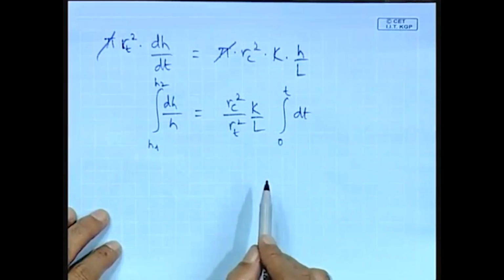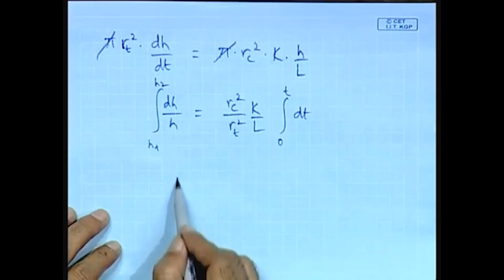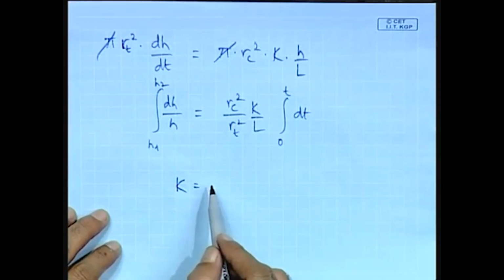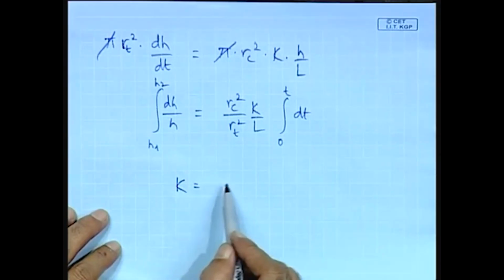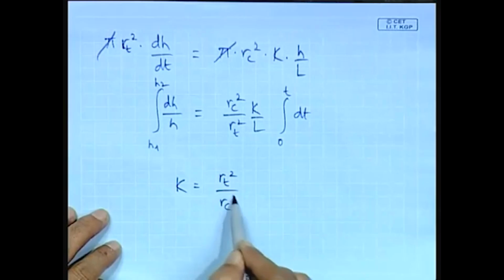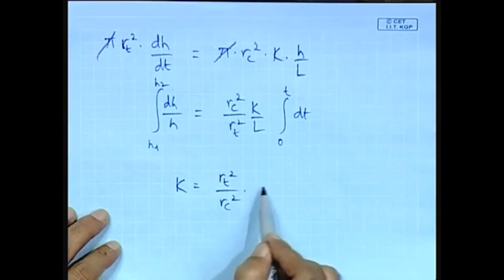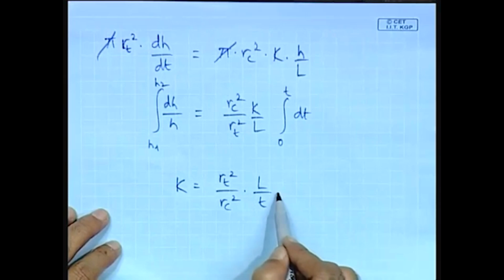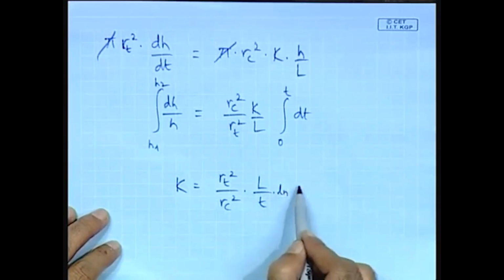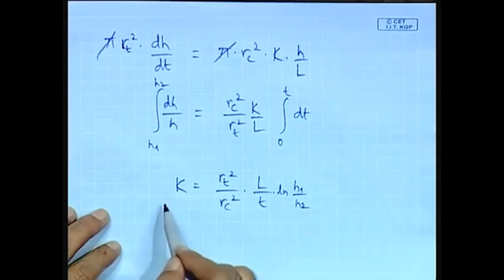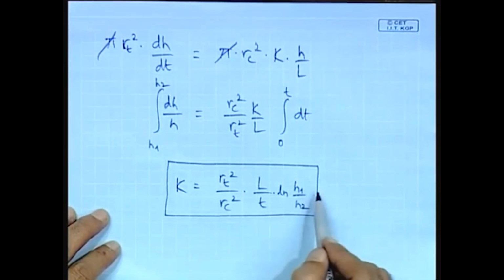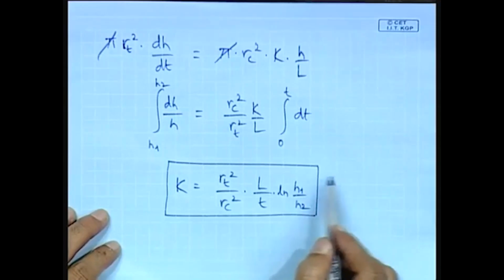So, after integrating and then simplifying, we get an expression for the hydraulic conductivity through this variable head permeability test as RT square by RC square into L by T. L is the sample length, T is the time of collection, into natural log of H1 by H2, where H1 is the initial head, H2 is the final head after the flow, which results in the continuous decreasing of the head through this variable head permeability.